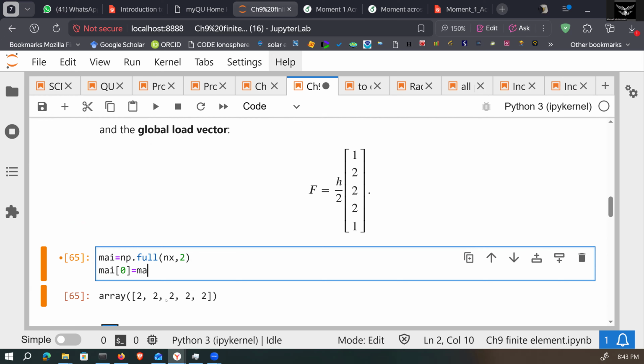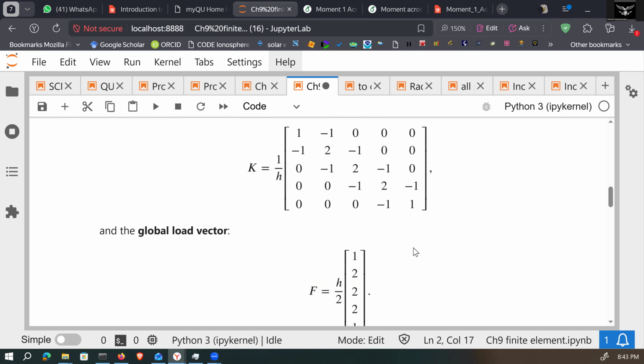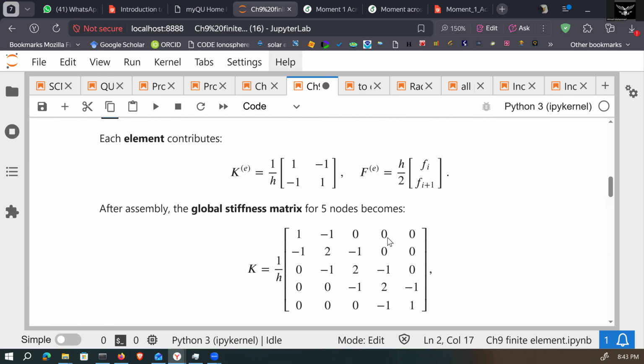But not yet. I would like to make this a diagonal matrix first. Anyways, let's make the first element, index 0, equal to the last element. Let's make it 1. So that I can now have 1, 2, 2, 2, 1.